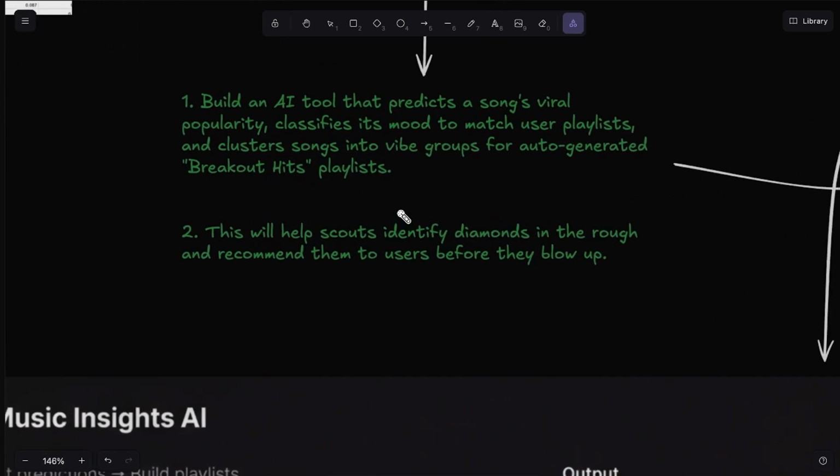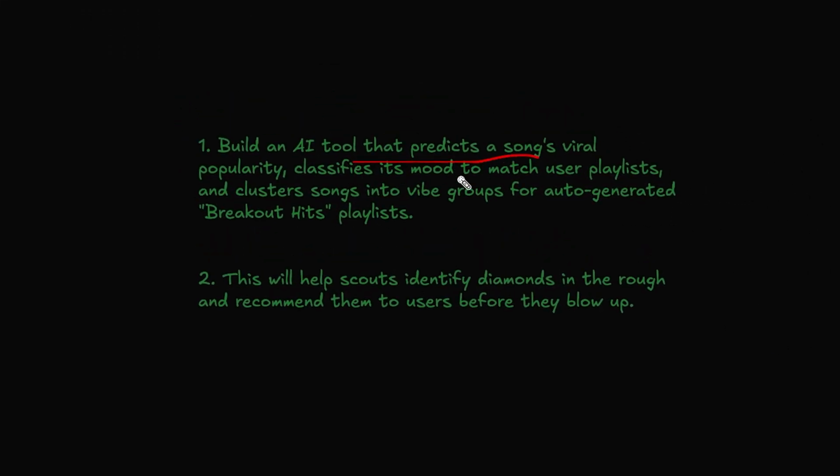So again, let's move back. Build an AI tool that predicts the song's viral popularity, classifies its mood, matches the user playlist, and clusters the song into a vibe group for an auto-generated breakout hits playlist, something like that.